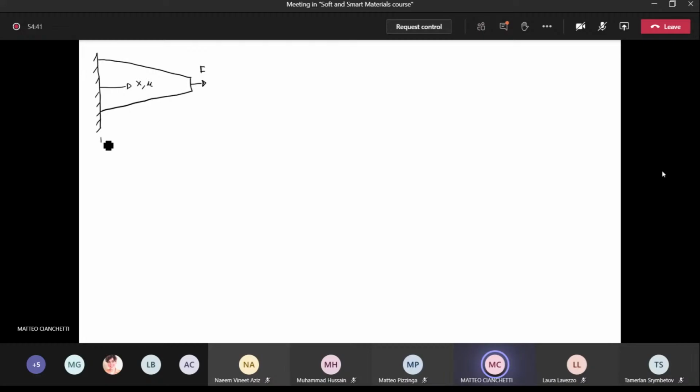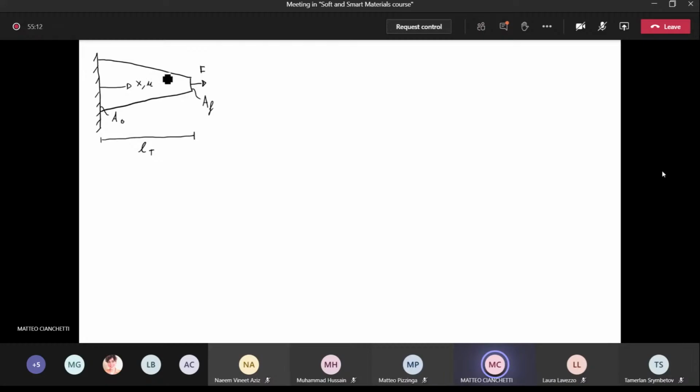We have the length of the bar, LT. We have an initial area, for x equal to 0, that is different, since it is tapered, with respect to the final area, which is smaller.